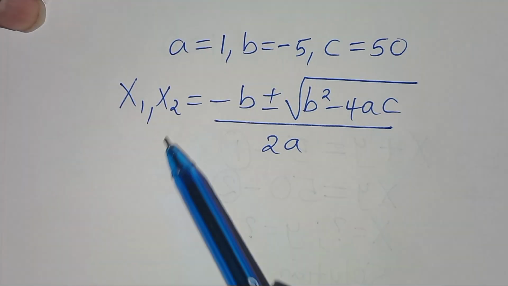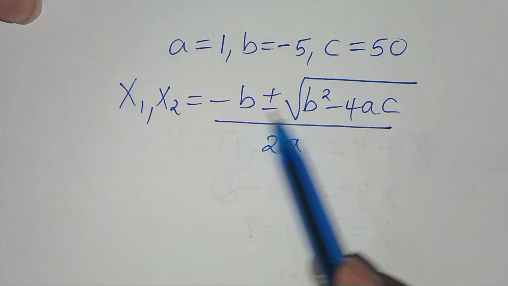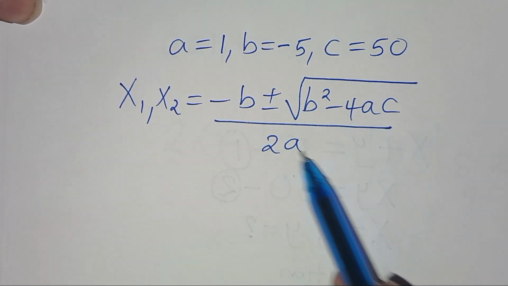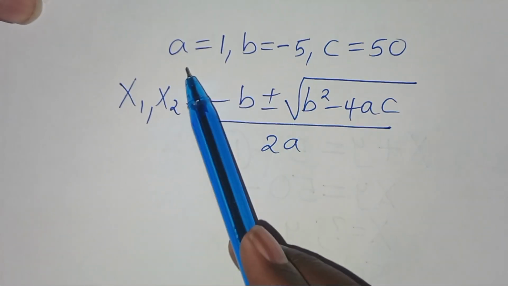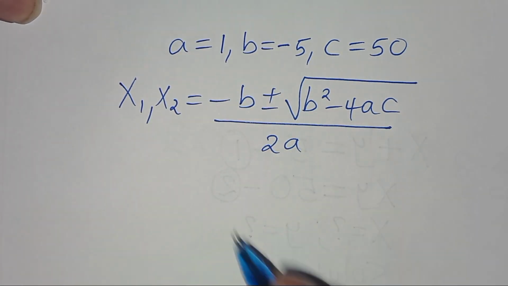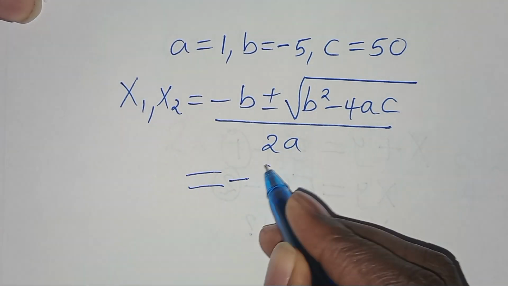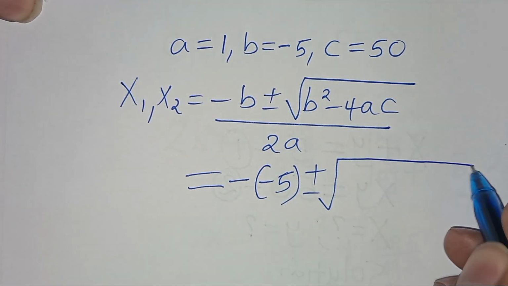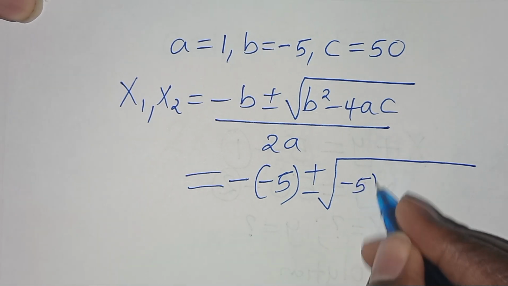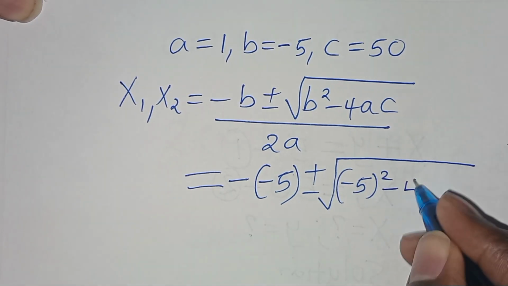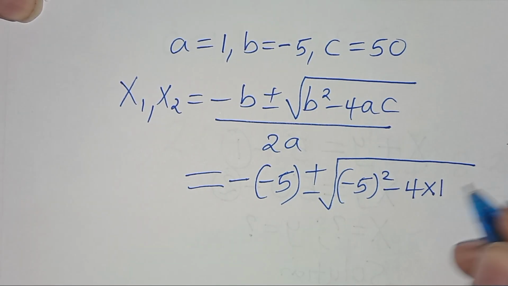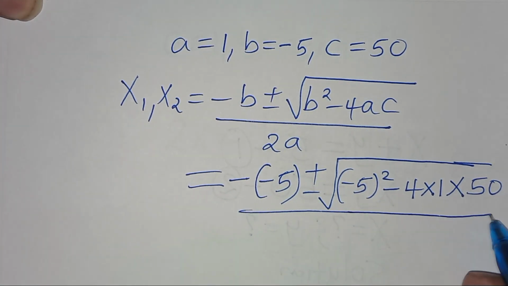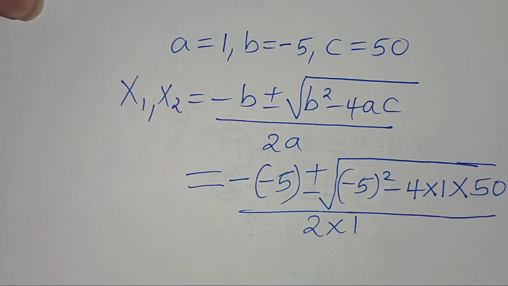Substituting the values of a, b, and c, here we'll have minus 5 plus or minus the square root of b squared, this is minus 5 squared, subtract 4 times a, which is equal to 1, times c, which is equal to 50, all this divided by 2 times 1.